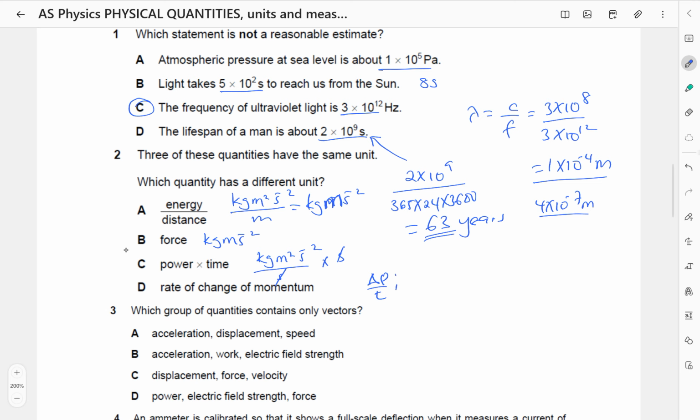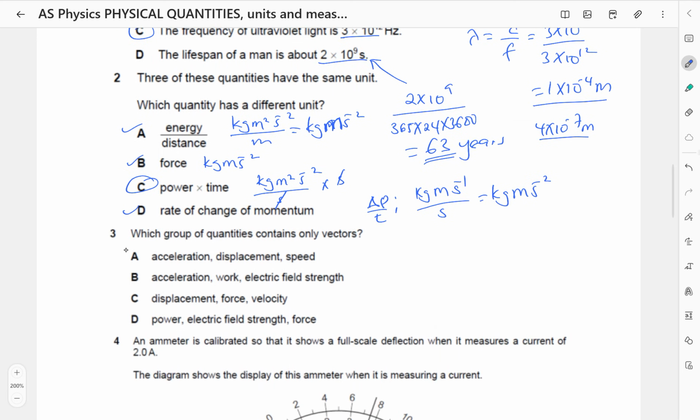So the units of momentum are going to be kilogram meters per second, because it is mass times velocity, divided by time, which is seconds. So it becomes kilogram meters per second squared. So this has the same unit as force and energy over distance. So the answer is going to be C.